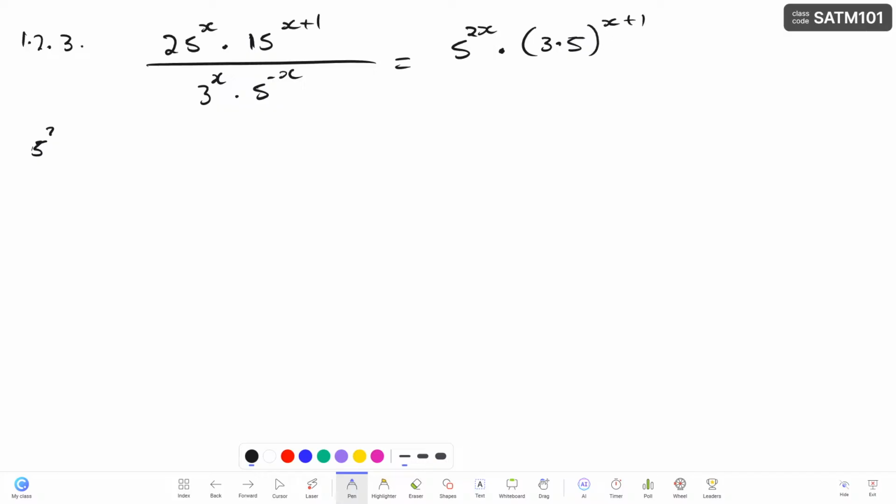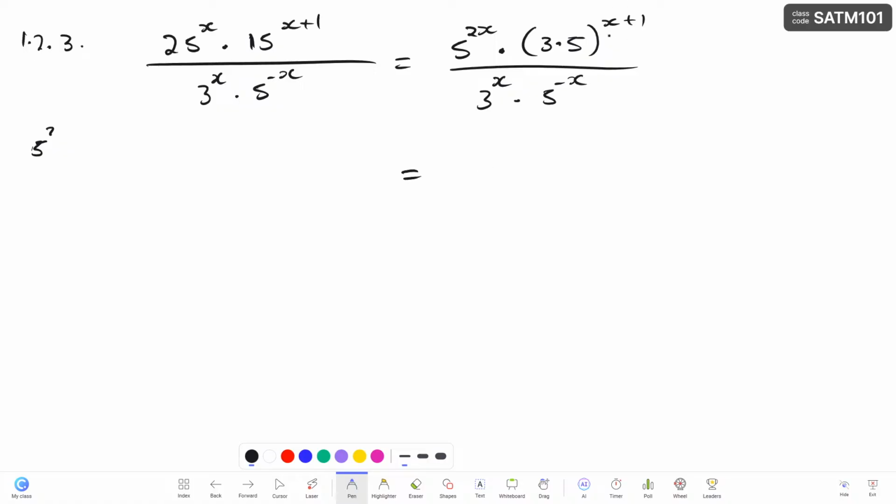The reason why we need to change this one is because you can see that we have 3 and 5, so we're trying to have the same base, or a common base. Then we're going to divide by 3 to the power x times 5 to the power negative x.